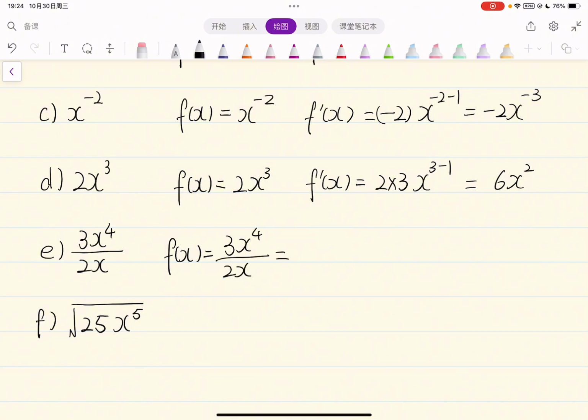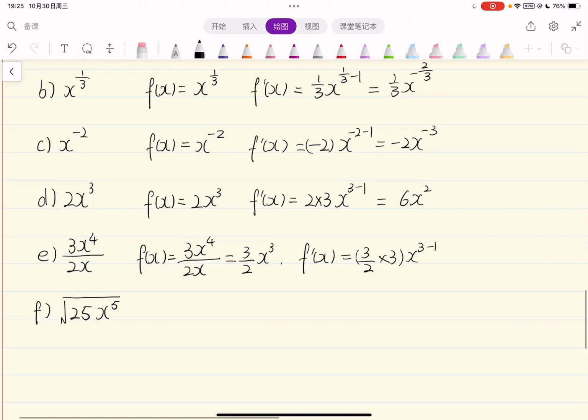That equals 3 over 2 x cubed. So the derivative of that equals 3 over 2 times 3 times x to the power of 3 minus 1, which equals 9 over 2 times x squared.